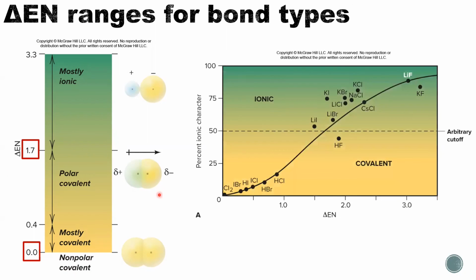You can see from this diagram, on the Y axis is percent ionic character, and on the X axis is the difference of electronegativity. We put different compounds in this diagram, and you can see that after the electronegativity difference is larger than 1.7, we think it's more ionic, and we treat that as an ionic compound.